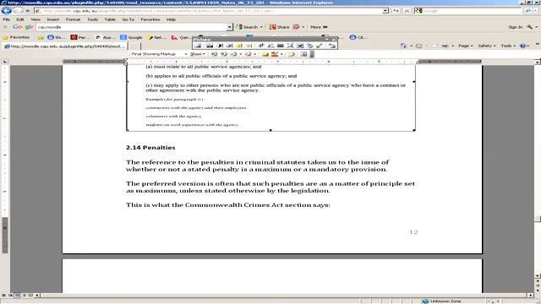We haven't traditionally in Queensland had a lot of mandatory provisions. That is, if you do this, you get punished with this much. So that's not the standard. The standard is this is the maximum. From 0 to maximum, this is the possible range of punishment.